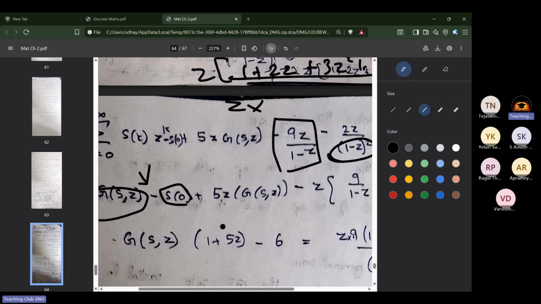Get the values of A, B, C. When you know the values of A, B, C, you can easily write it in terms of this function. When you know how to write it in terms of this function, you can easily decompose it to the general form of geometric progression.